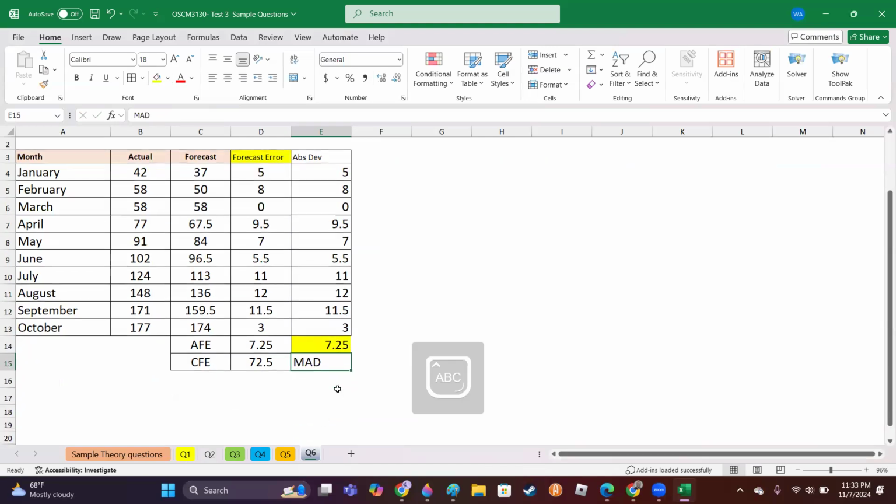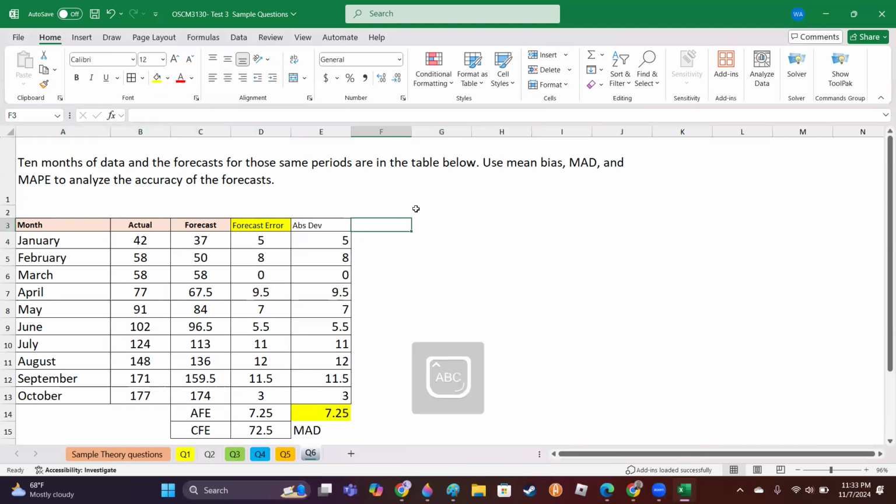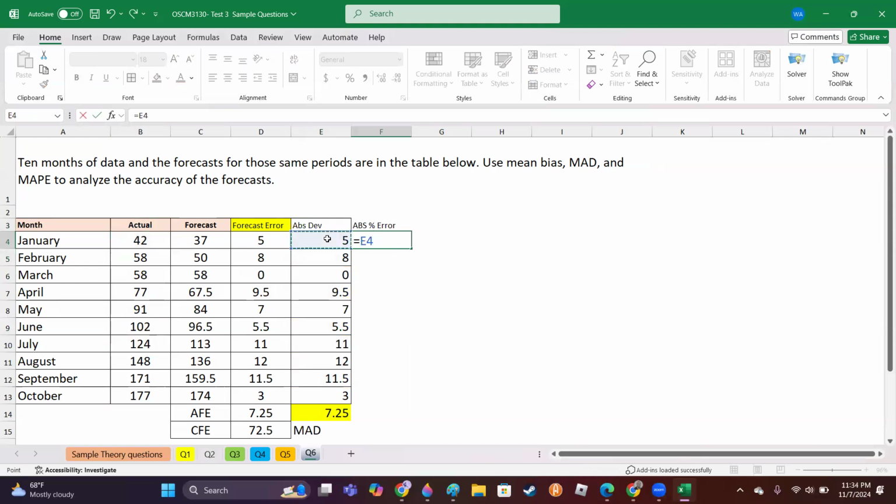Okay, and the very last question is asking you to calculate the MAPE. So I need my absolute percentage error. Your absolute percentage error is a function of your absolute deviation and the actual demand, right? So I'm going to divide the absolute deviation by the actual demand.